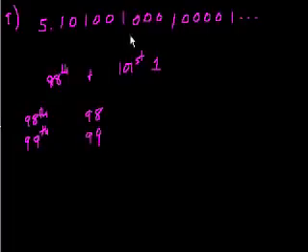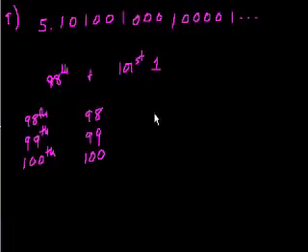That's just the pattern they set up. Then you're going to have the 100th one, followed by 100 zeros. And then you're going to have the 101st one, and we don't care about the zeros after the 101st one, because they asked how many zeros are between the 98th one and the 101st one.